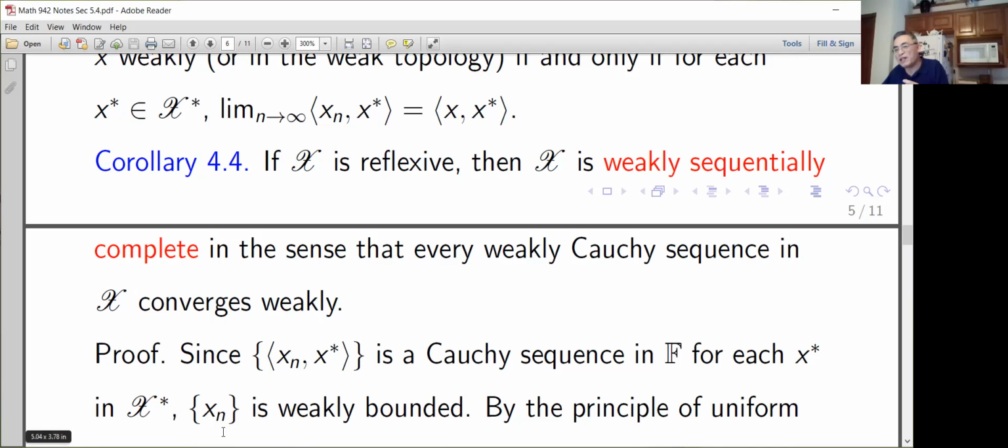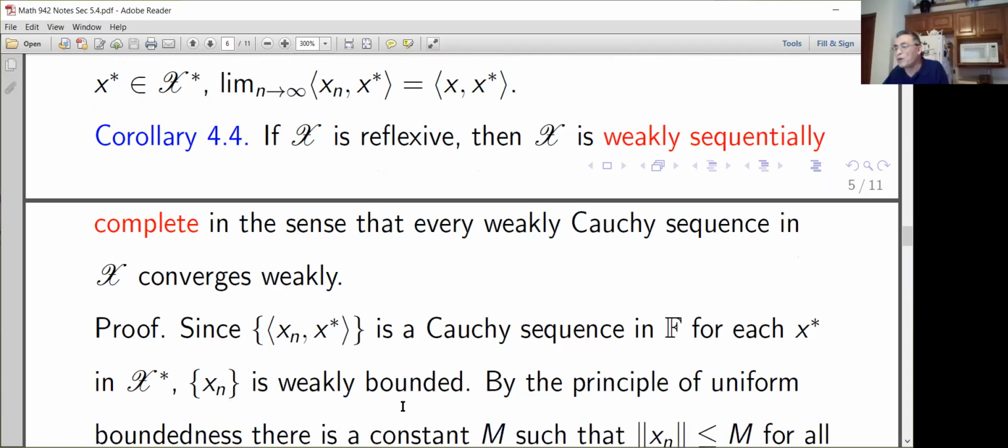In this case, we say the sequence xn is weakly bounded. Weakly bounded just means for each x star, this sequence of scalars is bounded. This is because a Cauchy sequence is convergent, so it is bounded. So this sequence is weakly bounded.